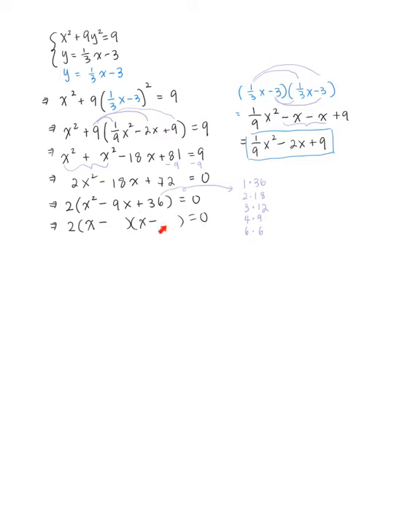No way. 4 and 9? Nope. It's not going to add up to minus 9x. 6 and 6? No. So this guy is not factorable. If it's not, I usually try to apply the quadratic formula to see what is going on. All right, so I'm just going to say this is not factorable.